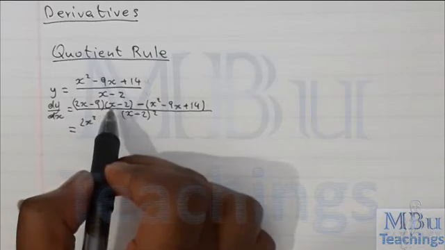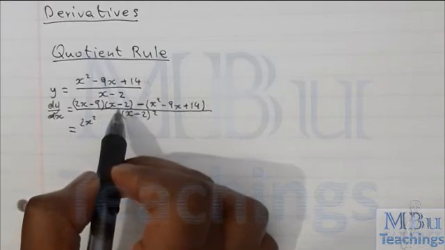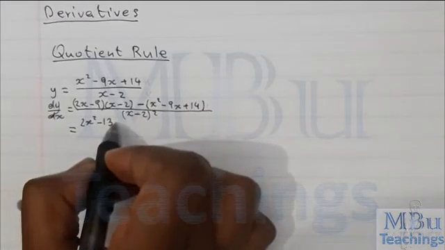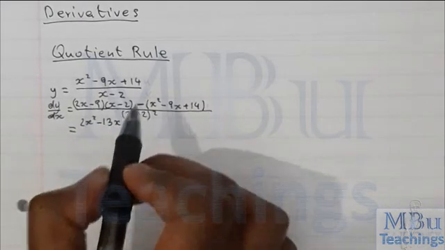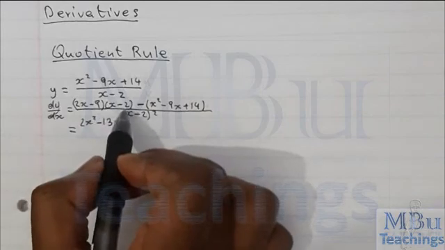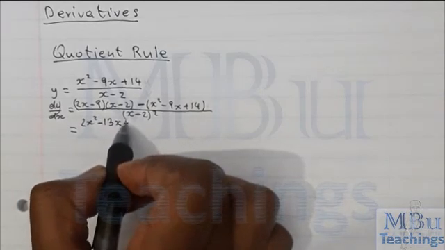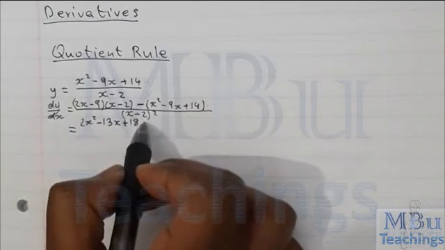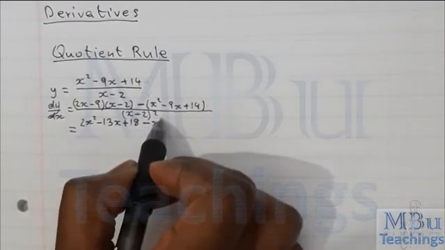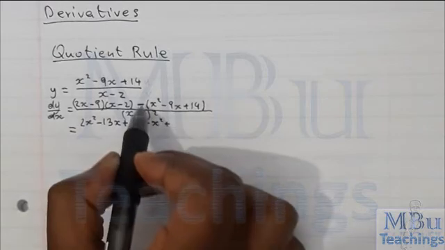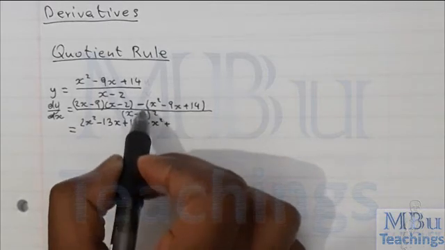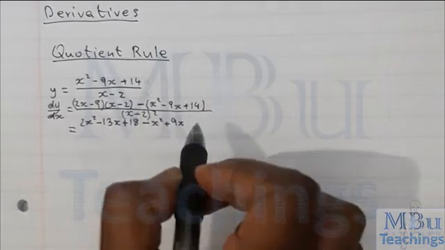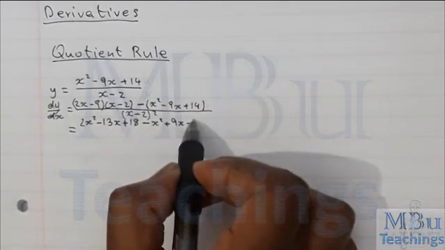Negative 9x plus negative 4x, that is negative 13x. Then we have negative 9 times negative 2, that will be positive 18. Minus x squared plus, okay, negative times positive is a negative. Negative times negative is a positive 9x. Negative times a positive is a negative 14.